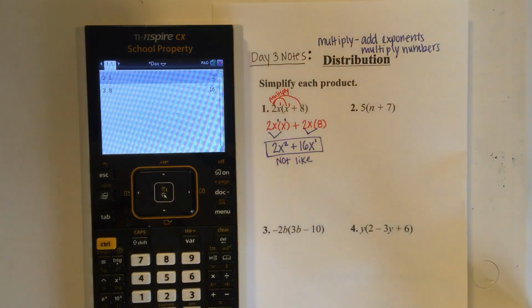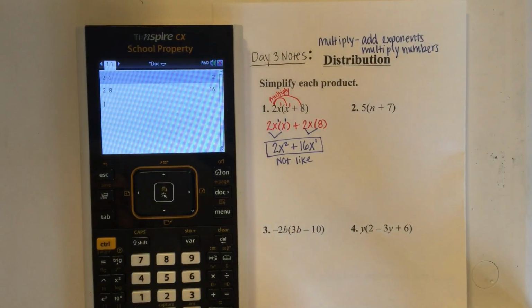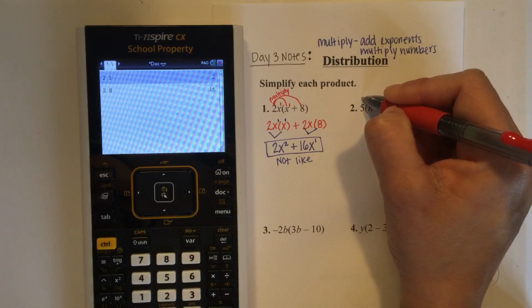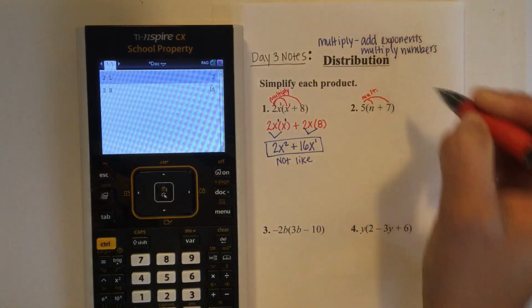All right, number 2. Now you have 5 times n plus 7. So again, you start with 5 and multiply it with n, and then you start with 5 and multiply it with 7.